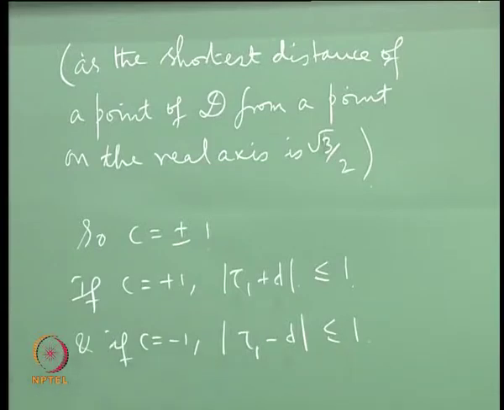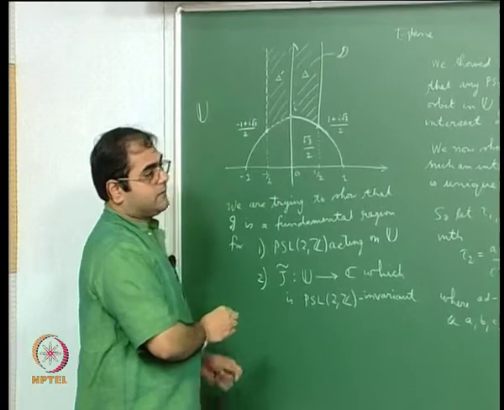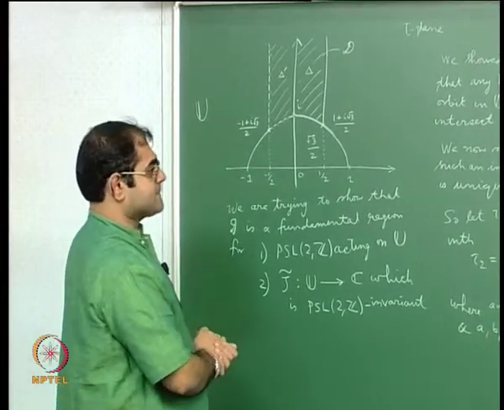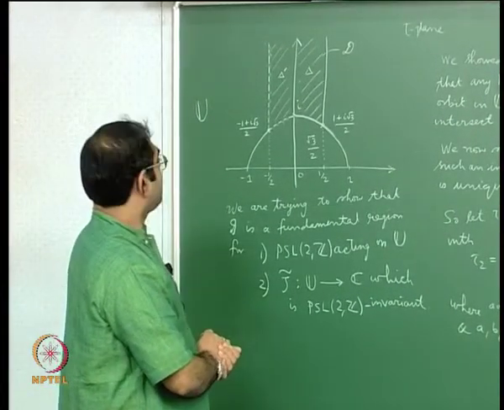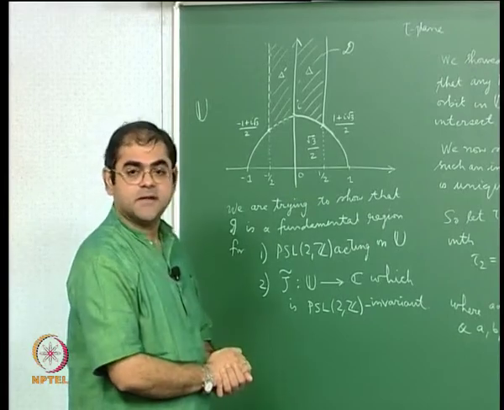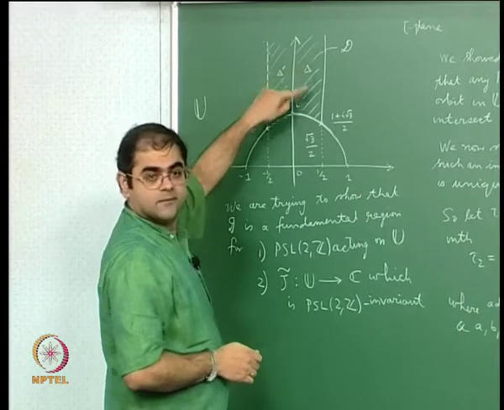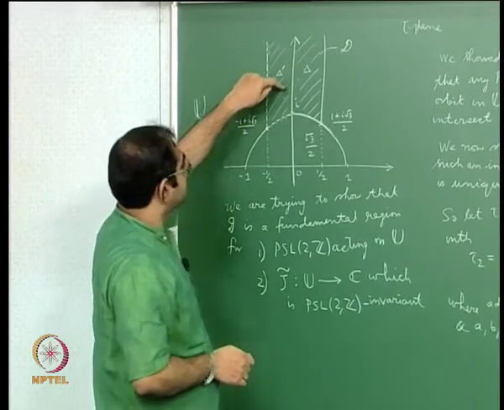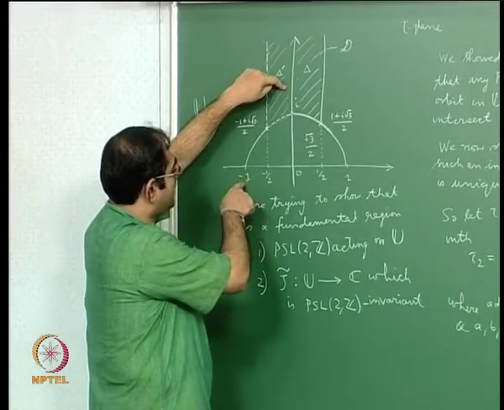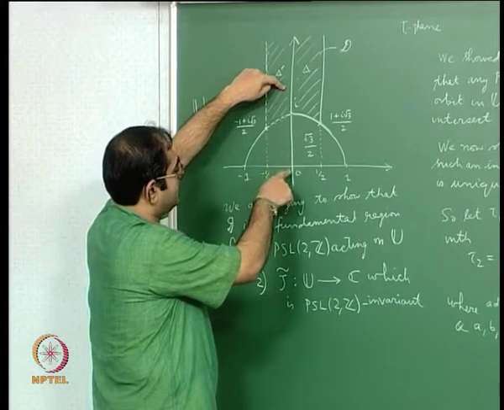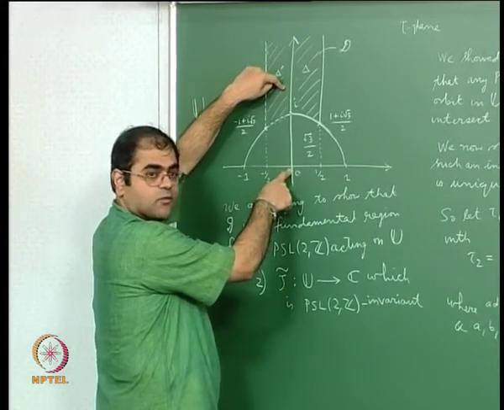So if you look at that diagram, there are only a few possibilities for d. Tau 1 is somewhere here. The first inequality says the distance of tau 1 from d is less than or equal to 1.